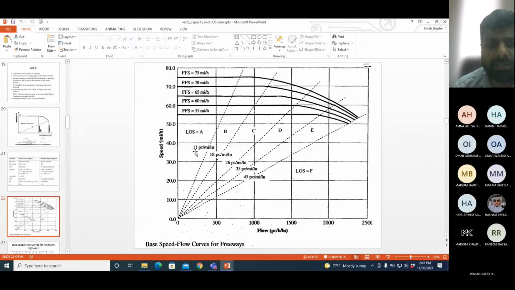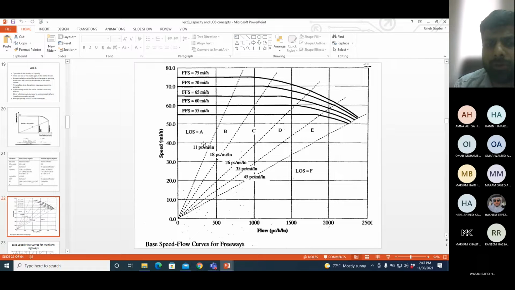For level of service A, it is 11, for B, it is 18, and so on. So you take the maximum value, you take the inverse of that value, so it will become the slope of the line, as I mentioned earlier. Density is flow upon speed, and you do the inverse, you will get speed upon flow. So that is the slope of the line.